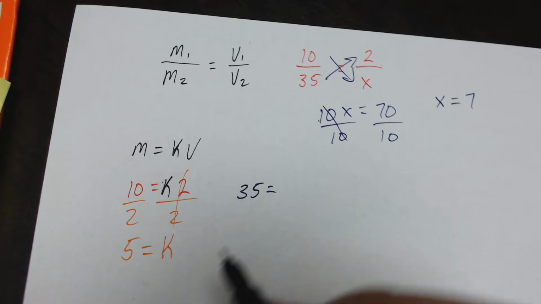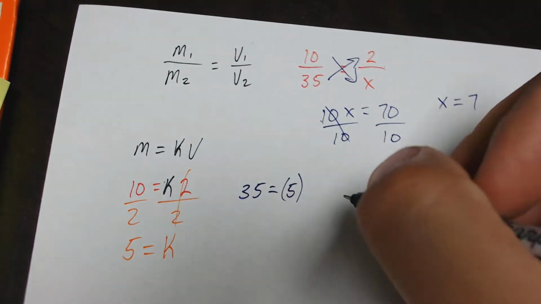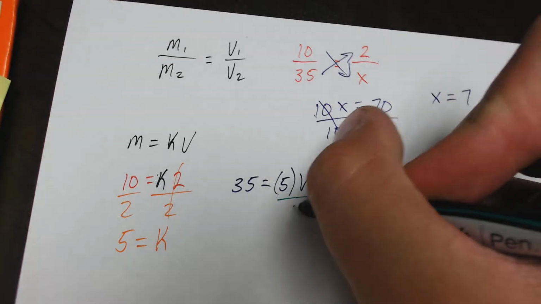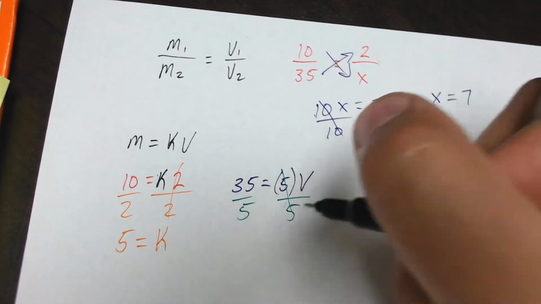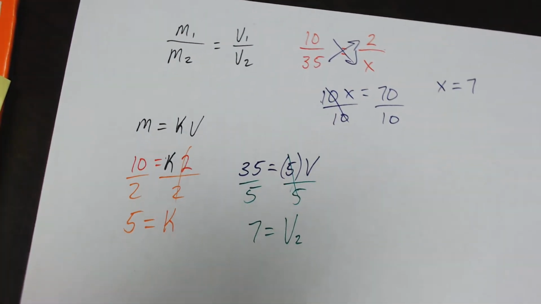That's going to equal the constant 5, or K, times volume 2. So once I plug this in, all I need to do is solve for V by dividing. That cancels. 35 divided by 5 gives me 7, and that gives me volume 2.